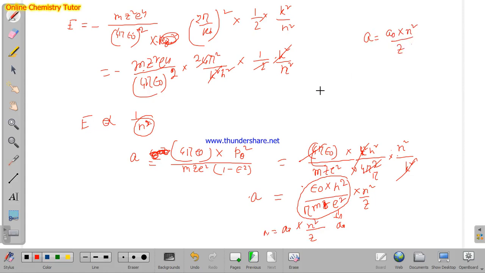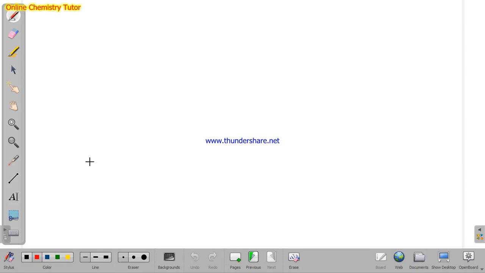Now what about the value of b? We know that b by a equal to k by n, so b equal to a into k by n. The value of a equal to a0 n square by z, so b equal to a0 n square by z into k by n.